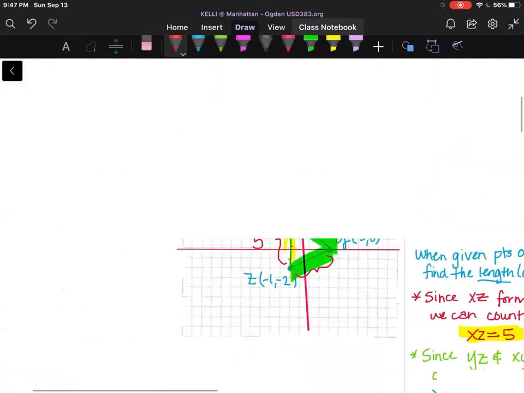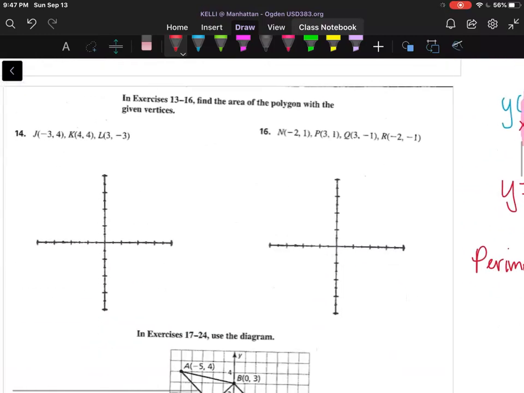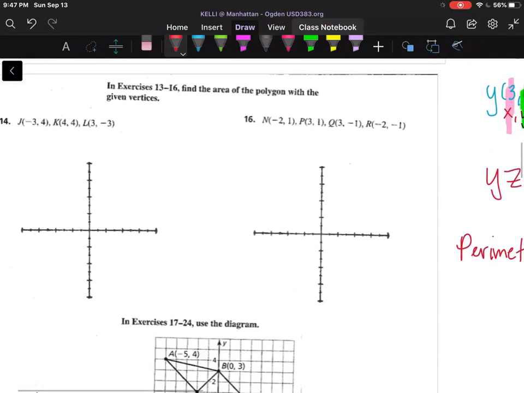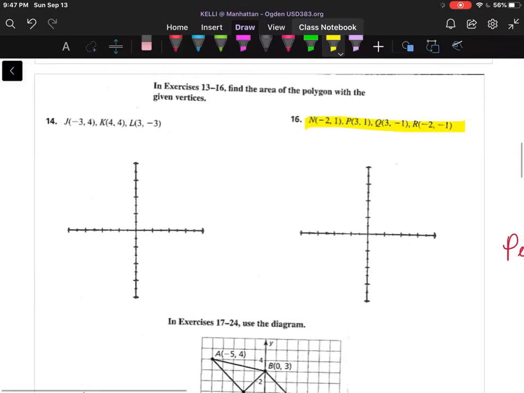When it asks for area, you're going to do the same thing. You're going to graph those points. You're going to have to use the distance formula based on what kind of shape it is. So in this one, I can tell right away we've got some kind of quadrilateral, so it's probably a square or a rectangle. This one, we got 3, so we're going to use a triangle formula for area.